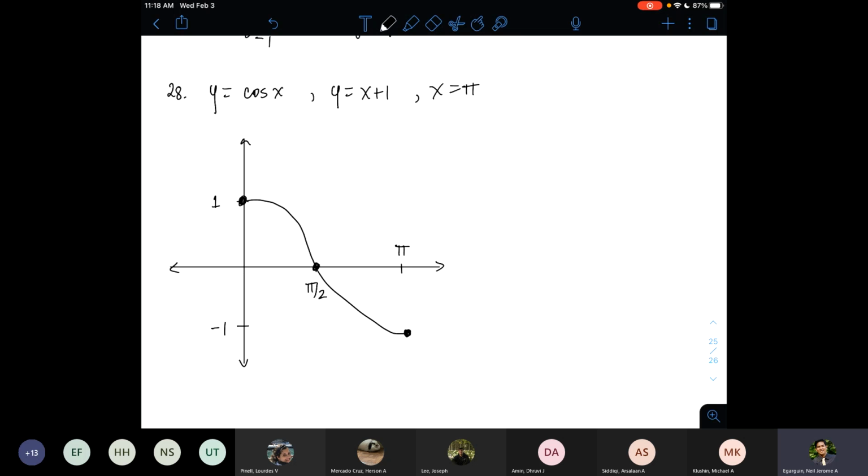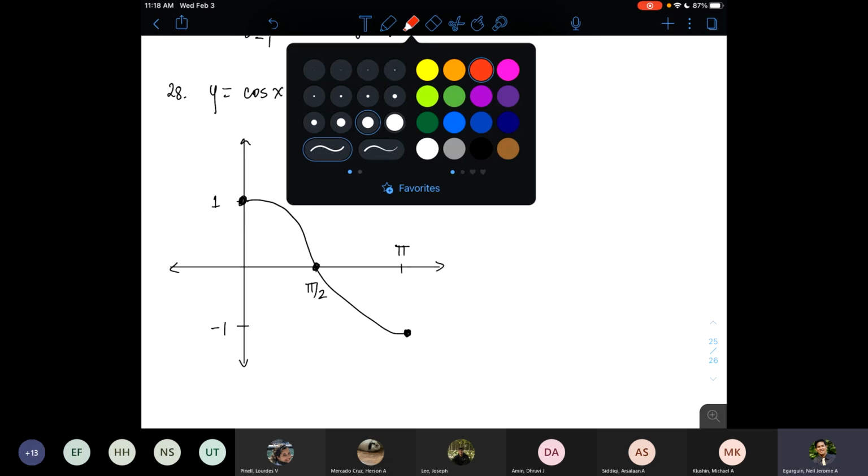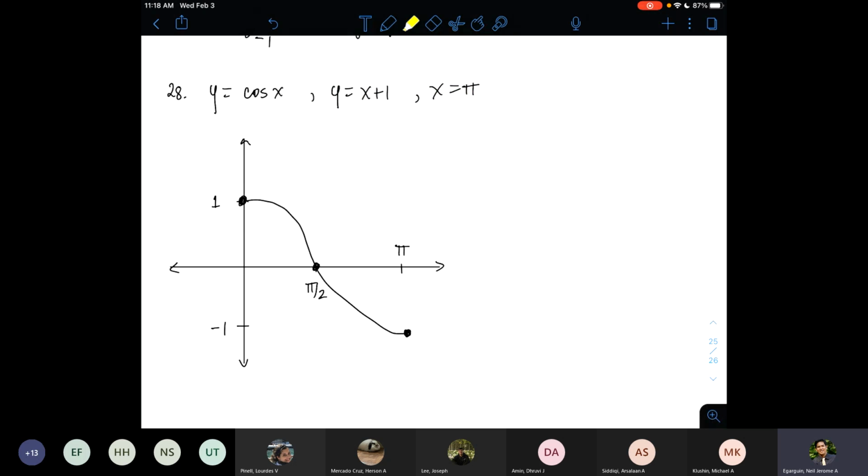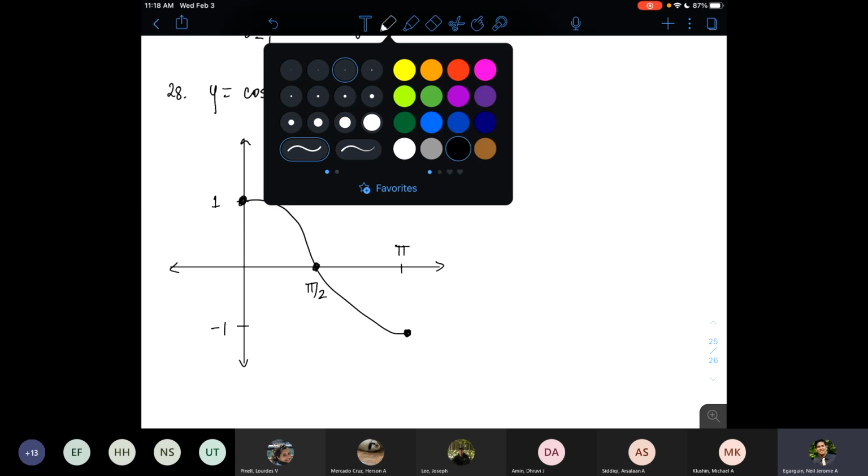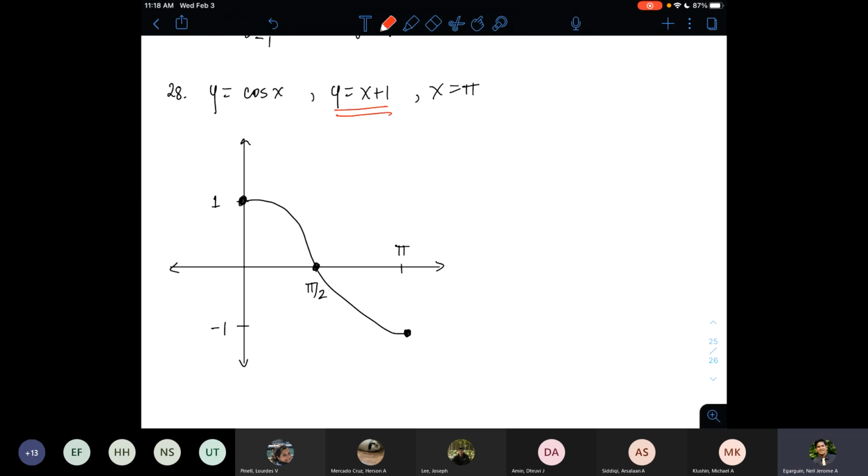From 0 to pi. And then the other curve is y equals x plus 1. So when x is 0, y is 1. And then if x is what?